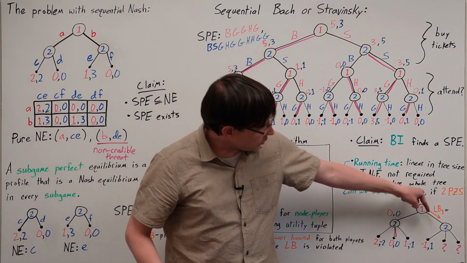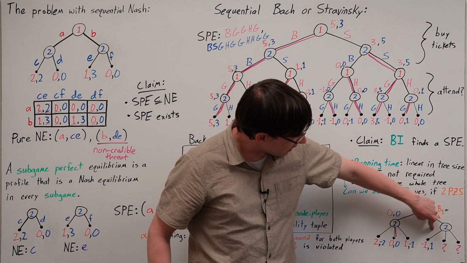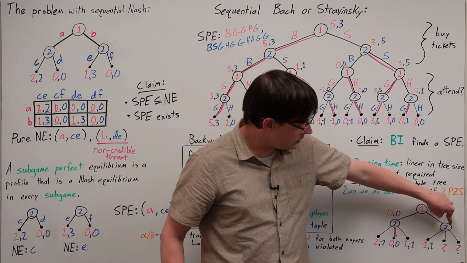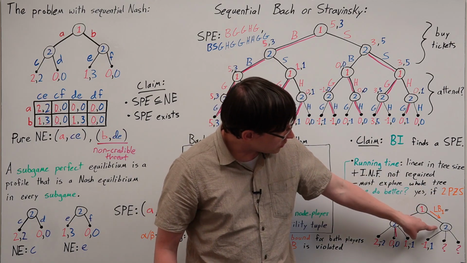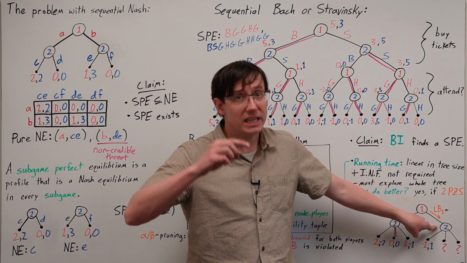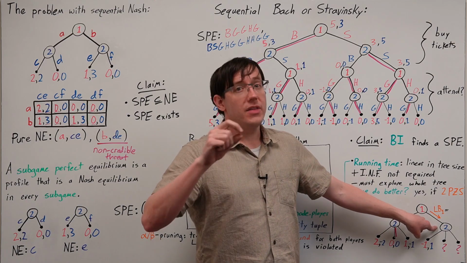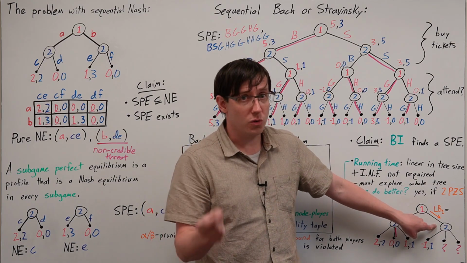And when we start to explore down this next branch, and we see that one of player 2's options gets a utility of 1 for player 2, we now know that player 2's utility at this node will be at least 1, and since the game is zero-sum, that means player 1's utility, if the game gets here, is at most -1.